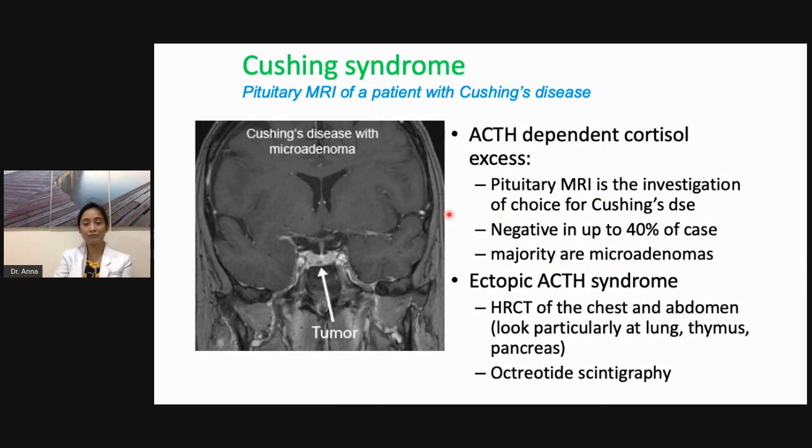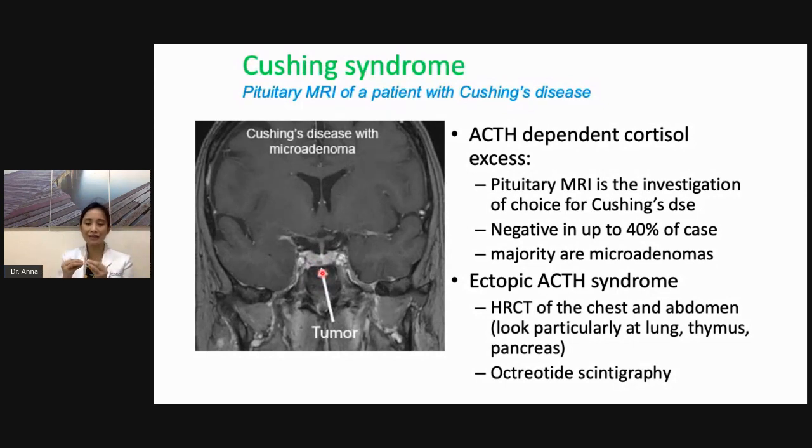Next, imaging. So once you confirm that this is an ACTH dependent Cushing syndrome or your Cushing's disease, you can now do an MRI. So this is an MRI of a patient with a pituitary microadenoma. You see the hypoechoic tumor there, very small.